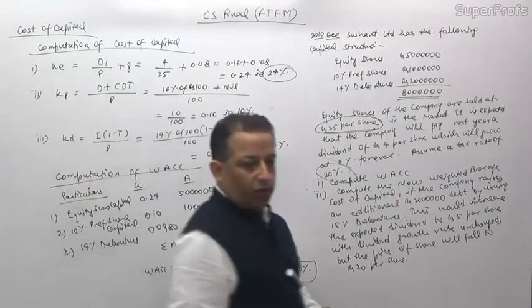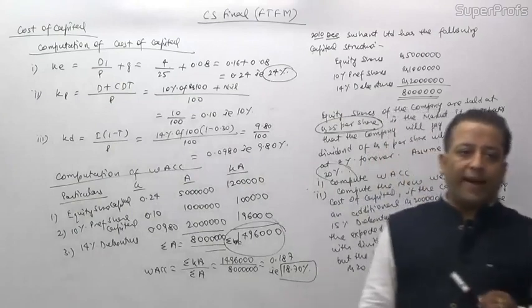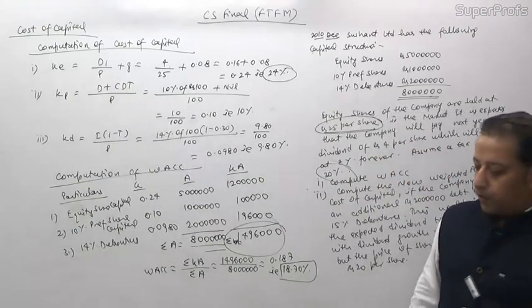The weighted average cost of capital as per the basic information amounts to 18.70%.